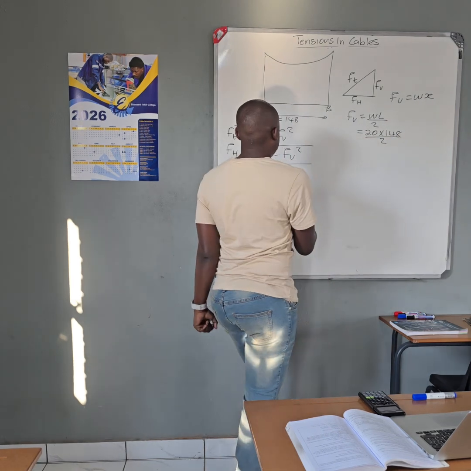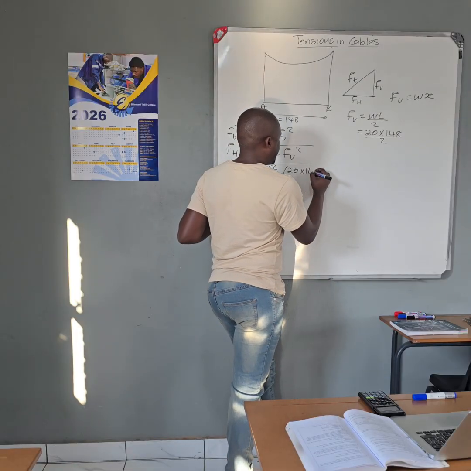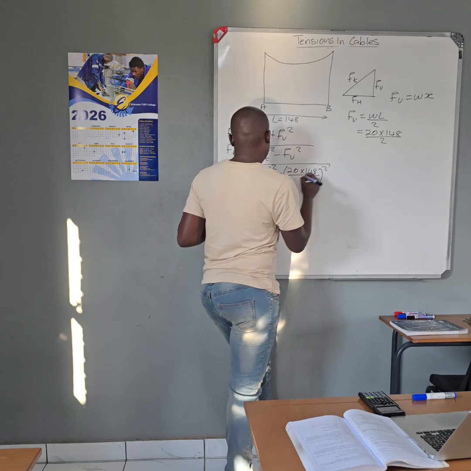So here I'm going to put 20 multiplied by 148, all this divided by 2, all this squared.